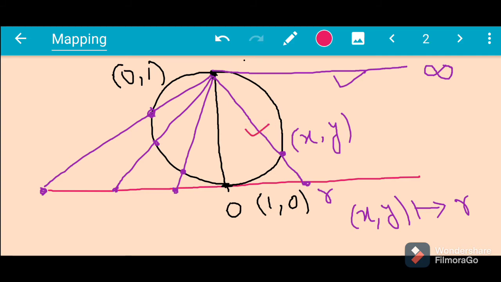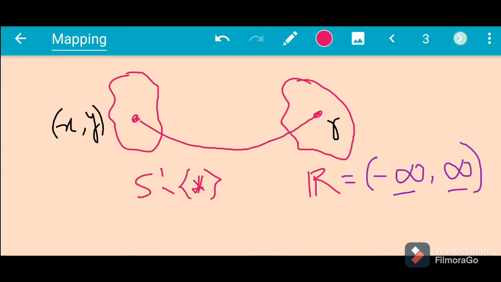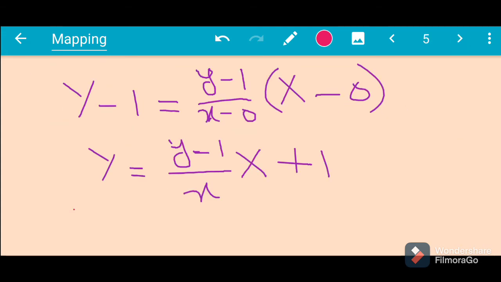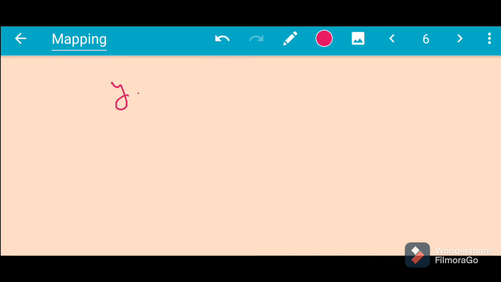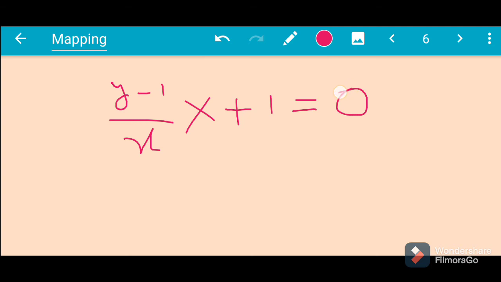Now this line meets the real axis at r, so it will meet the real axis at Y equal to 0. Let this line meet the real line, the x-axis, at Y equal to 0. Putting Y equal to 0, we get ((y minus 1) divided by x) times X plus 1 equal to 0.